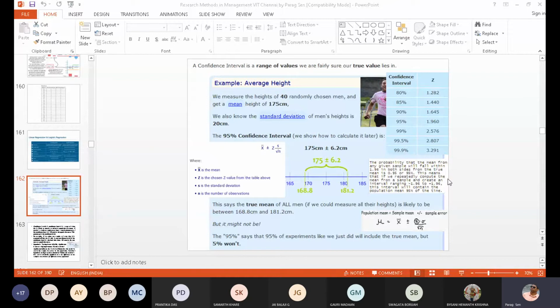This means that if we repeatedly compute the mean from a sample and create an interval ranging from minus 1.96 to plus 1.96, this interval will contain the population mean 95% of the time. But in 5% of cases, it will not lie within this range of the true mean.